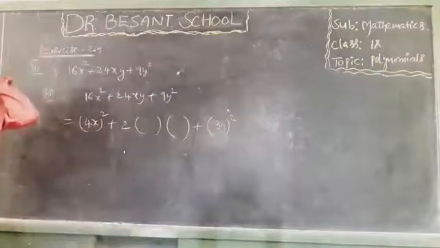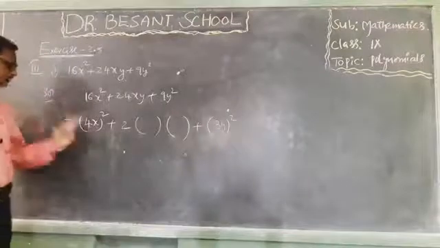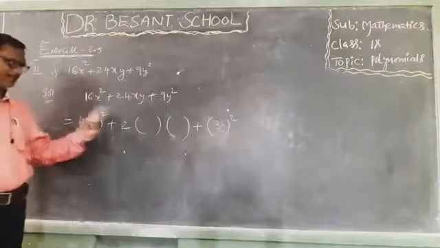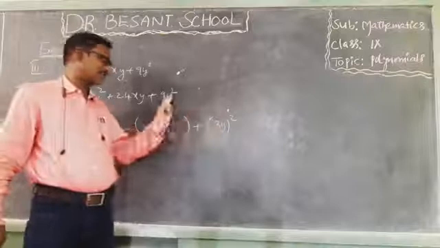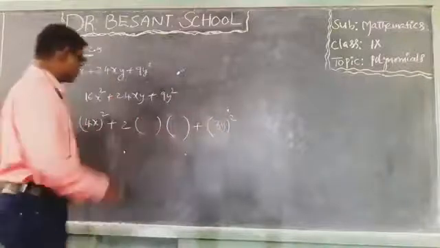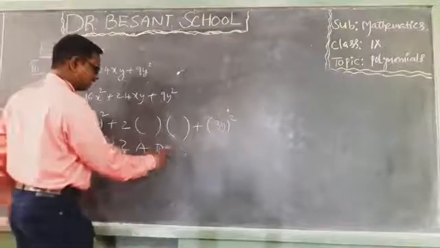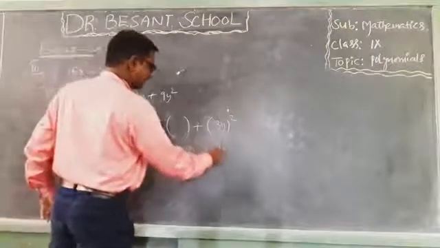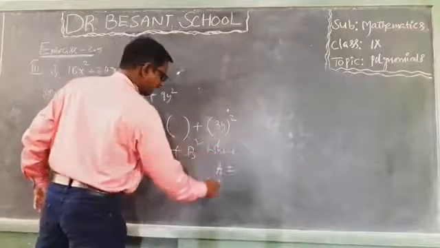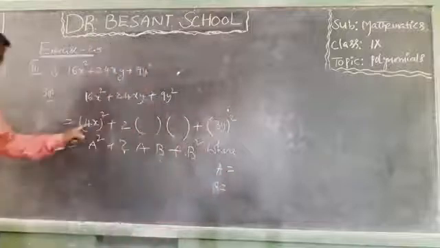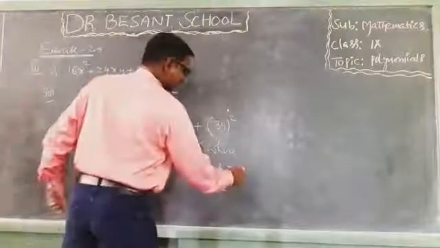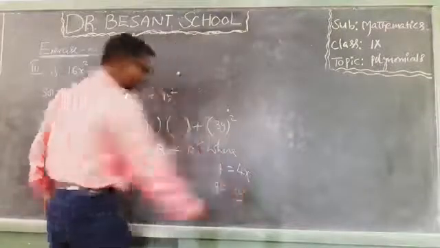Children, do not get any confusion. I am bringing the formula. 4x whole square is 16x square. 9y square is 3y whole square. So a square plus 2 into a into b plus b square we have to express. Where a value and b value, observe. A value is 4x and b value is 3y.